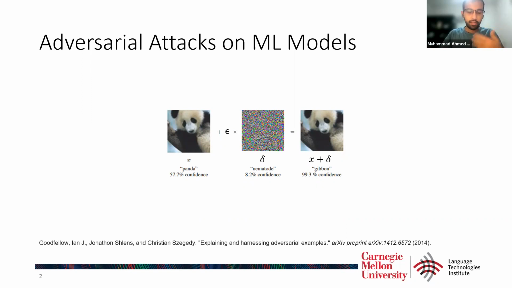This sounds very counterintuitive, because we as humans do not see any noticeable difference between the first and the third one, but from the perspective of the model, it's a very big difference, because it's classifying it as something other than a panda with very high confidence.